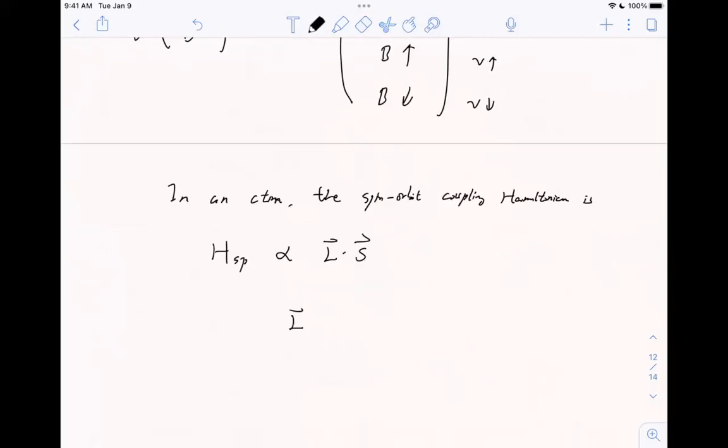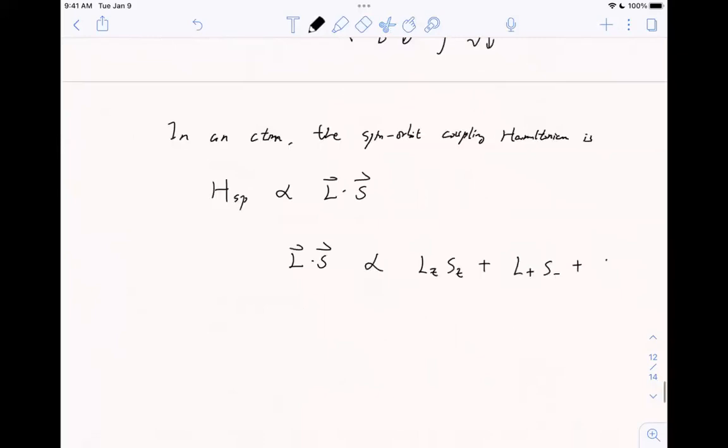For the centrally symmetric electric field, you will have a form like this. This can be written as proportional to L_z S_z plus L_plus S_minus plus L_minus S_plus. What does it mean? The L_z S_z is a spin conserved term along the z direction.